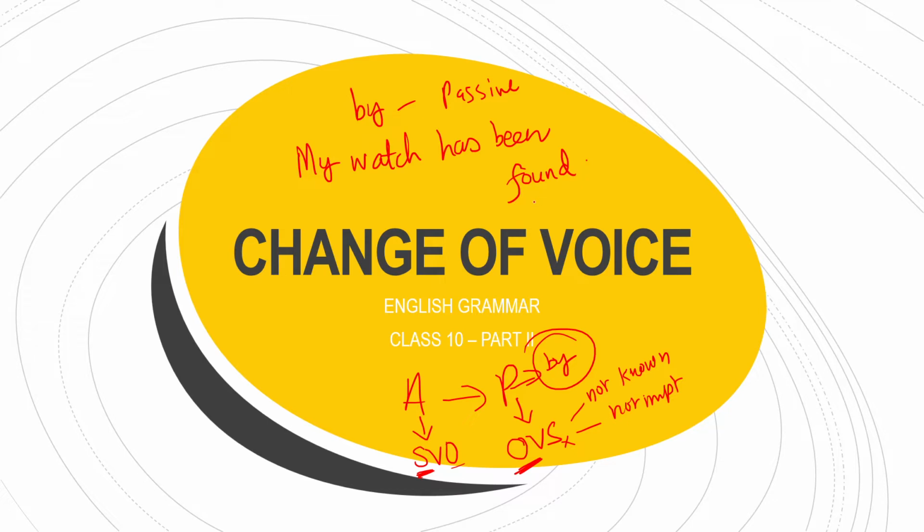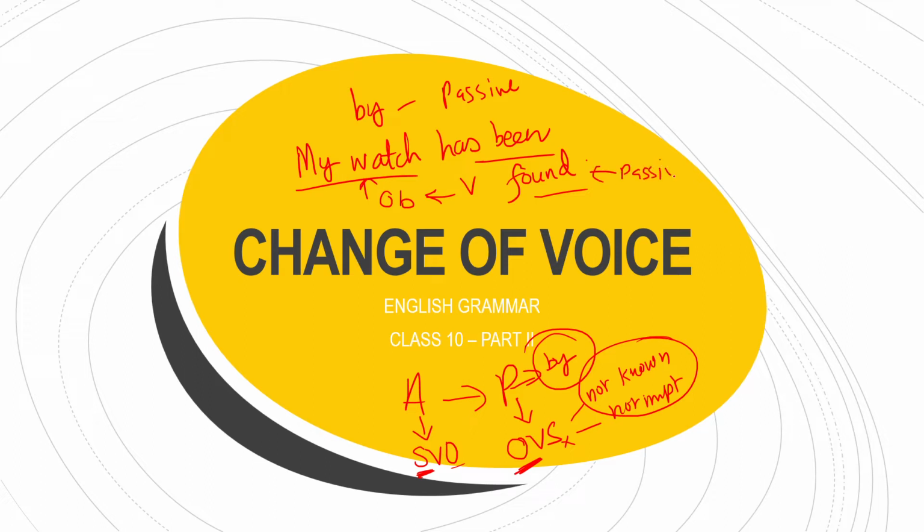No. Because you can see here that the verb is has been found, and what is receiving the action of finding? The watch, right? So the object has come before the verb, so it's still in the passive voice. This is the case of subject not known or subject not important. Who has found it is not important, or we don't know who's found it. So in this case this is also a passive sentence.